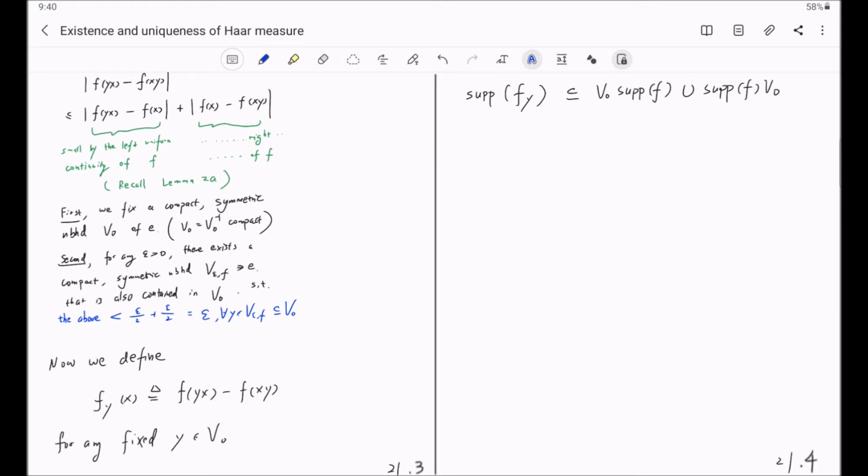Let's check this. Indeed, if f of yx is non-zero, then yx must be in the support of f.